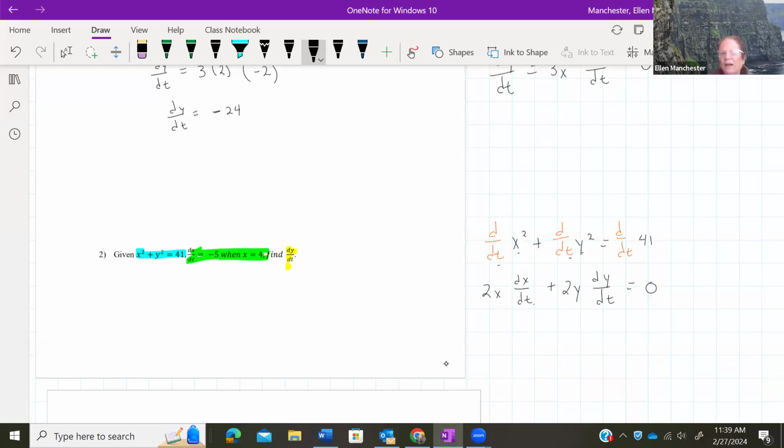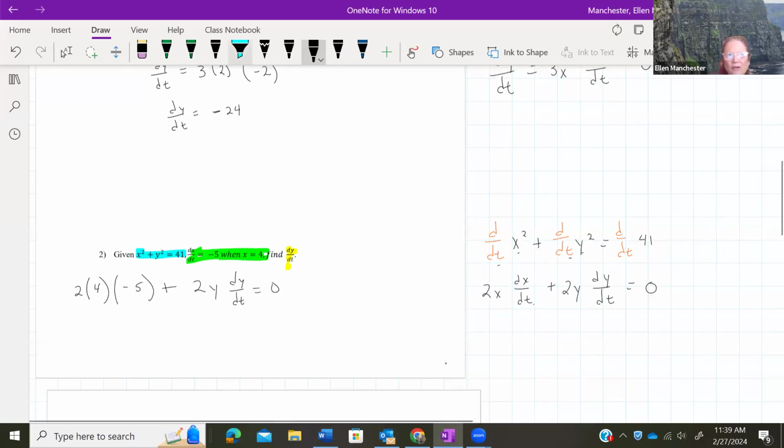Okay? So now I'm going to plug my values in. So x is 4. dx dt is negative 5. 2. Here's where there's a problem. But I'm also trying to find dy dt.